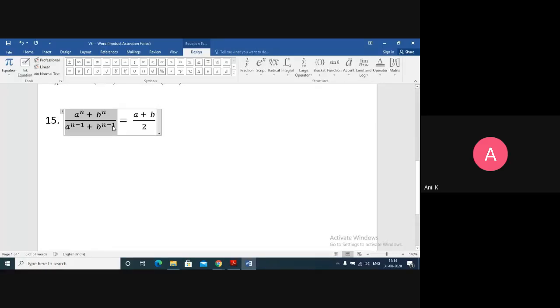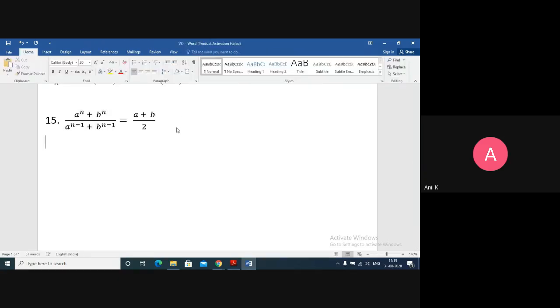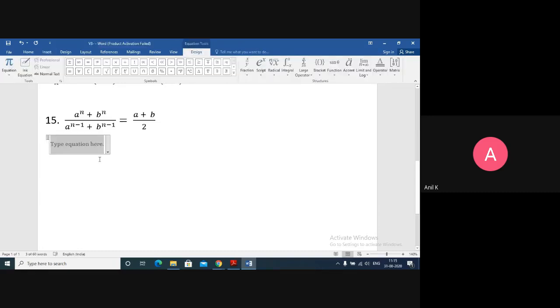If they are A and B, arithmetic mean should be unique. Only one arithmetic mean is possible between two given numbers. So hence these two must be equal. To the cross multiplication, let's see what we get.